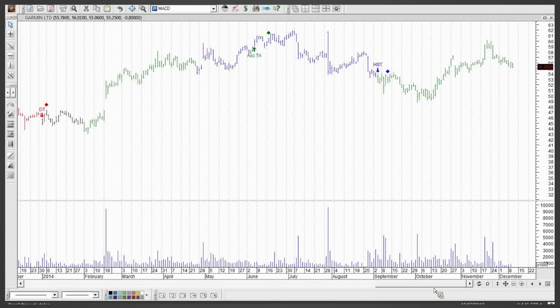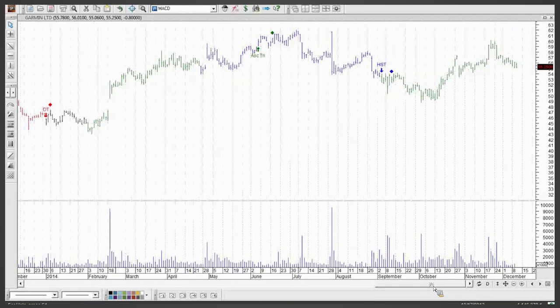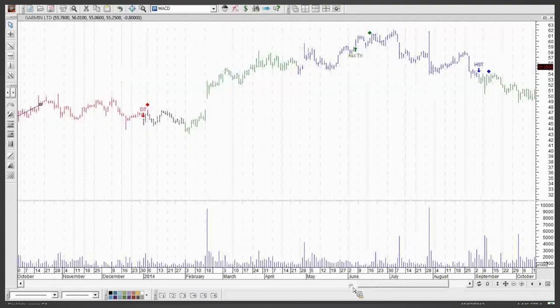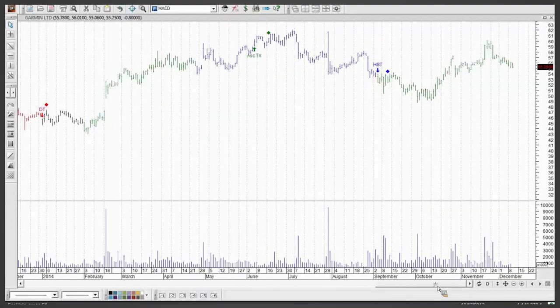I think that can be very powerful in our daily workflow. Especially when we have an instrument like Garmin, where we have many different patterns within a short period of time. It can help us look into the future and see exactly where this instrument could be going.